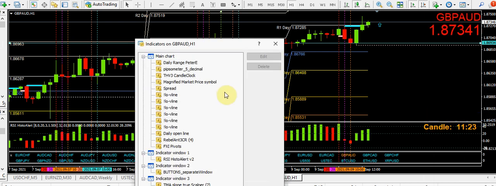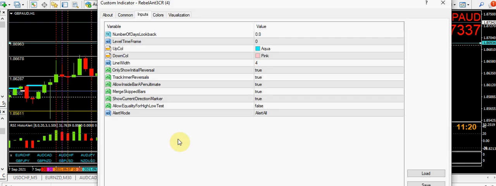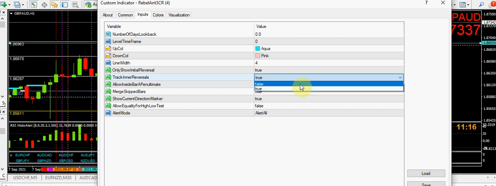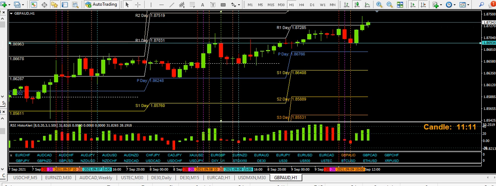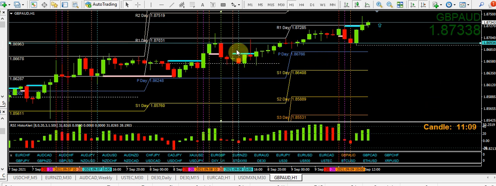Indicators list. Apologies for this, guys, if you find it boring, but it is worth doing. Track inner reversals, we'll take that one off. And it's still not showing us that one. Oh, we've got none on there now. Ah, there we go. There we are. That's what I was trying to explain.